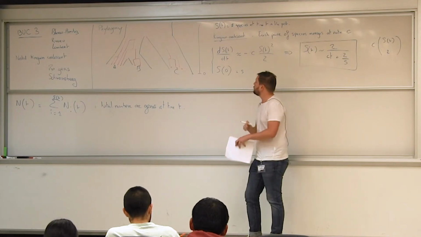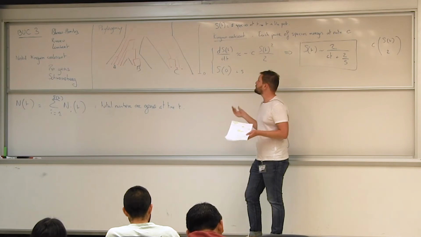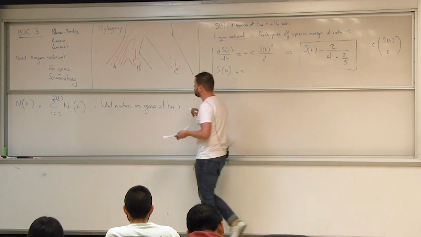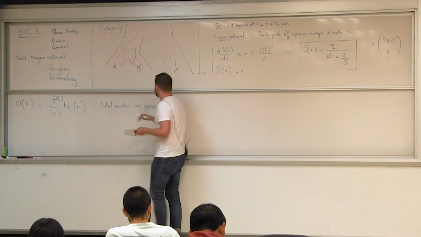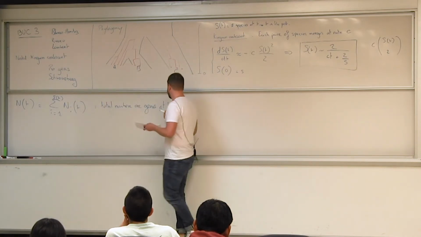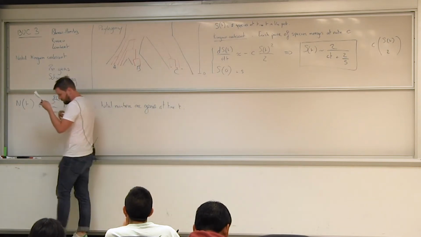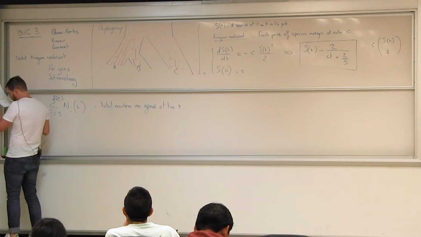Whatever way I label my species does not matter, because everything will be exchangeable. So species 1, 2, 3, and you sum at any time over the number of genes that you can see in every species. Great.